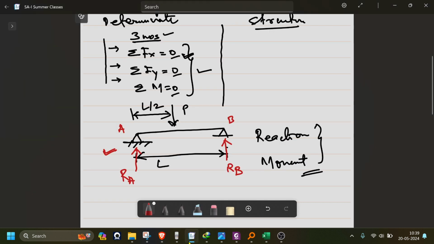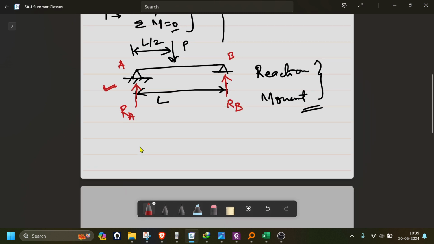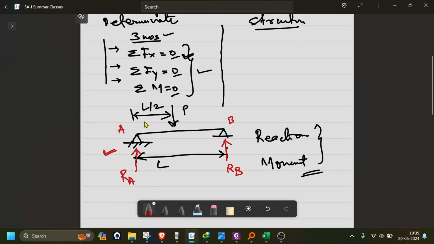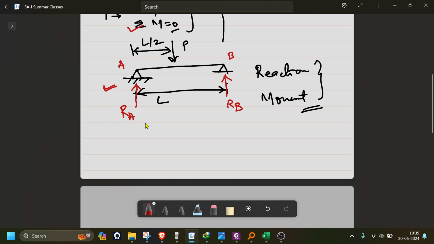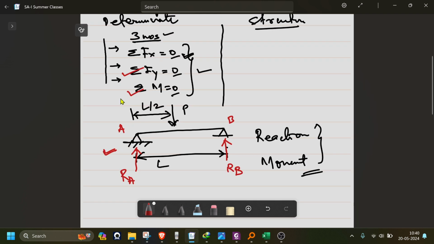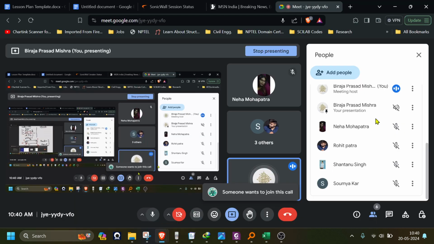So this RA and RB we can find out using this equation, the summation of Fy and summation of moment equals to 0, right? So how can we find that? The first equation I will use is summation of Fy equals to 0.